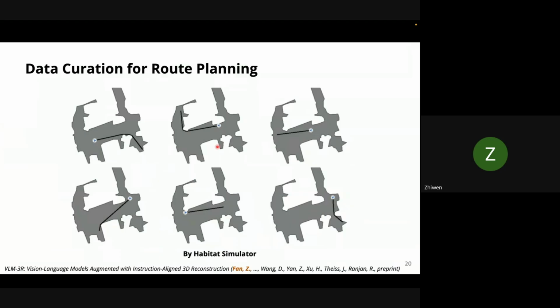There is a task from VSI-Bench called route planning, where the authors and some volunteers entered the route plans by human. We developed a scalable way to use the Habitat simulator to generate route plans. We define the task from one point to another point, and plan the route in a textual description automatically.